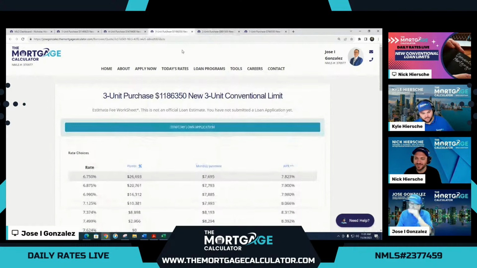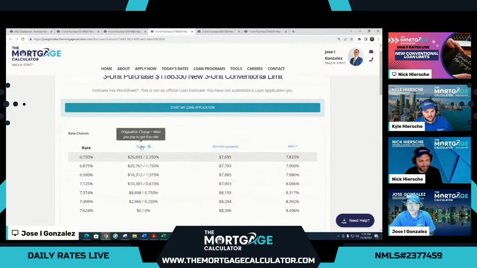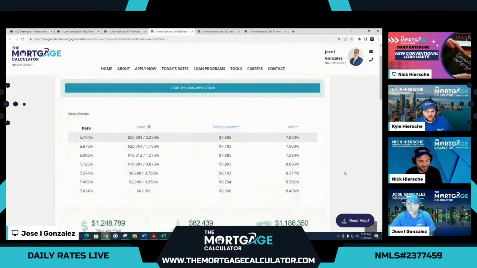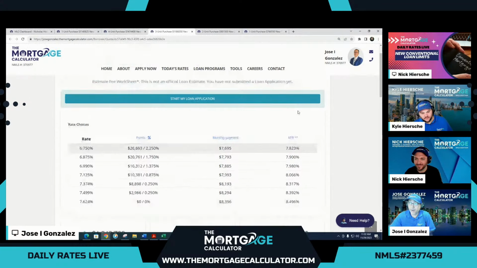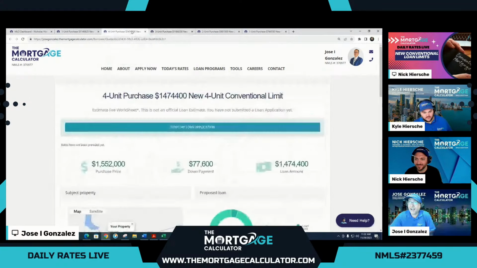Our new 3 unit limit is $1,186,350. So again, here, no loan level price adjustment going to a 3 unit from a 2 unit. So 7.624 is our par rate, and you can buy that down to 6.75%. And these are all, remember, 95% LTV, which is very cool.